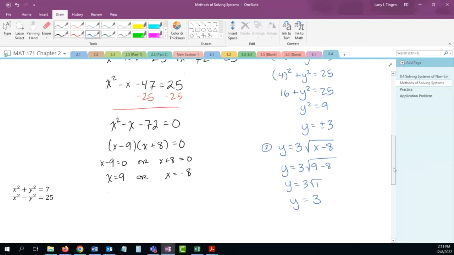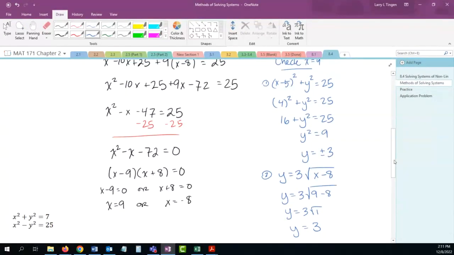So what happened? This is why we have to do both equations, because my first equation indicates that when x is 9, you can end up with a y as a positive 3 or a negative 3. For the second equation, I don't have the possibility of plugging in a negative 3. If I plug in negative 3, I end up with imaginary answers.